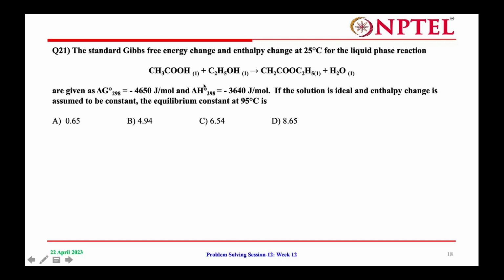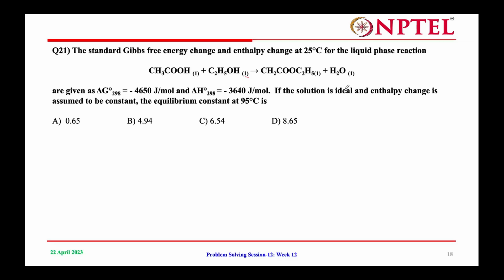So moving to the last question of these questions. The standard Gibbs free energy change and the enthalpy change at 25 degrees Celsius for the liquid phase reaction CH3COOH plus C2H5OH gives CH3COOC2H5 plus H2O are given as delta G at 298 equal to minus 465 joule per mole and delta H at 298 equal to minus 3640 joule per mole.